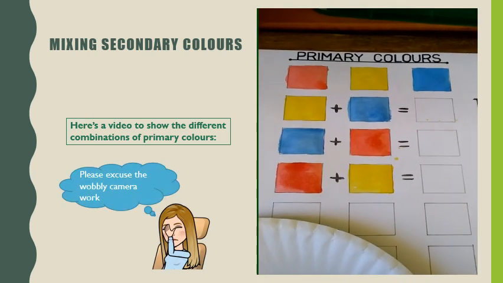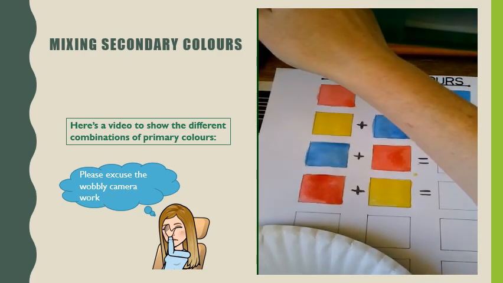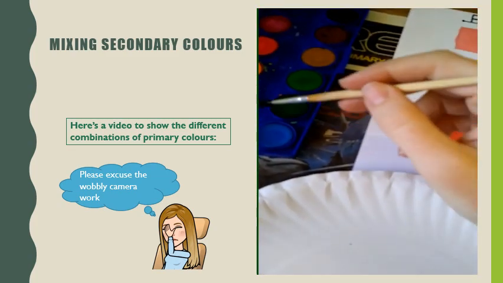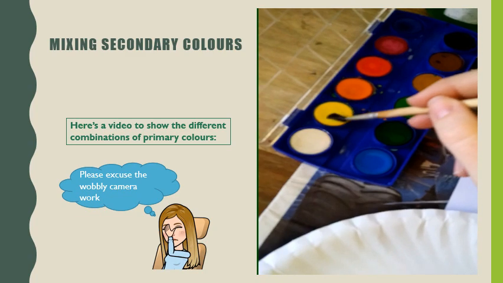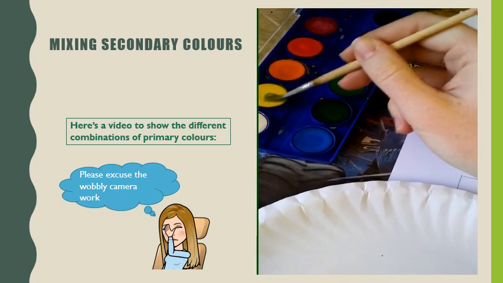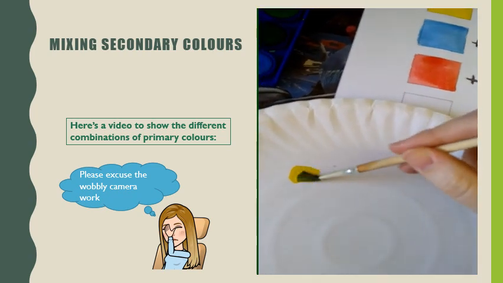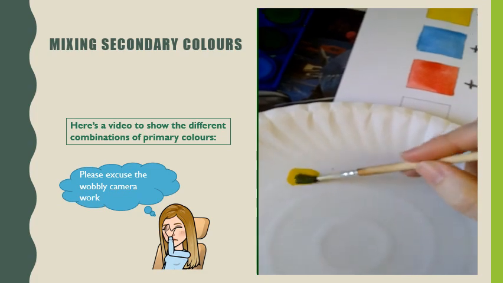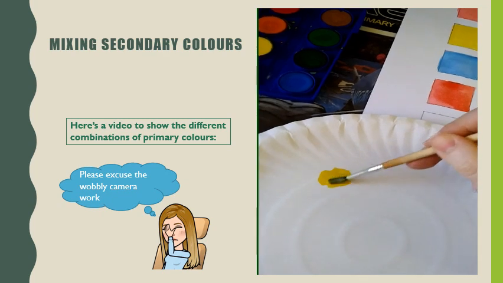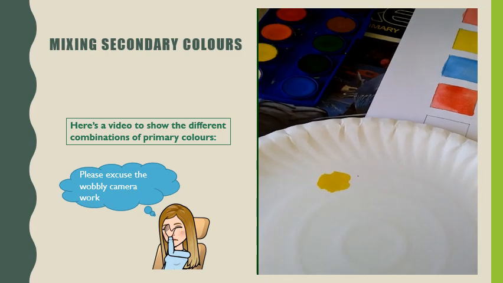Okay, so we're going to do our different color combinations and see what's going to happen. So we're first going to do yellow and blue together. So we're going to take some of our yellow using watercolor paint, so it takes a little bit longer to do. So put some yellow onto our little paper plates. Make sure we get enough. Clean off our brush.